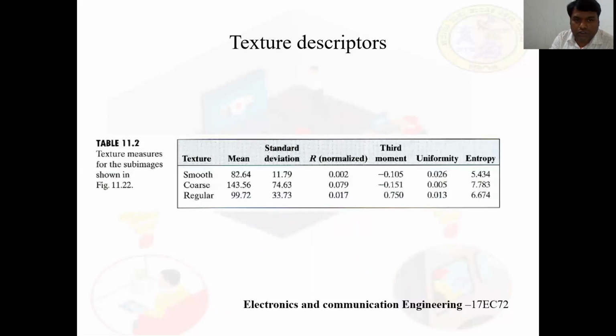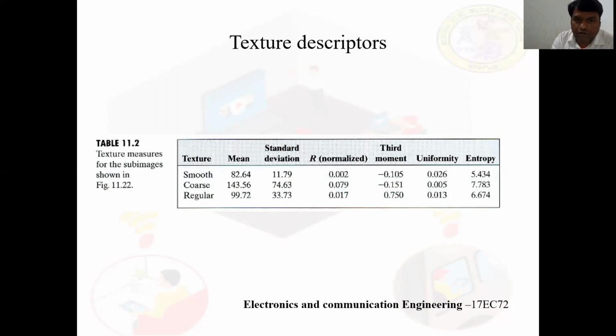Smooth: mean 82.64, standard deviation 11.79, normalized R 0.002, third moment -0.105, uniformity 0.026, entropy 5.434.